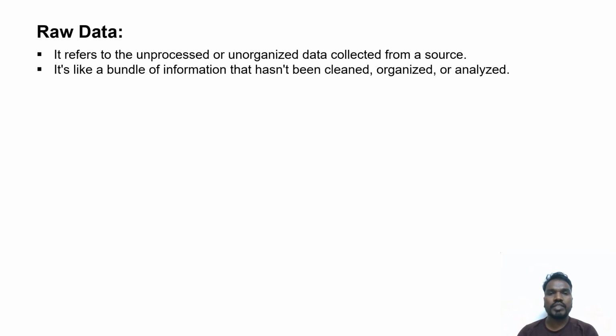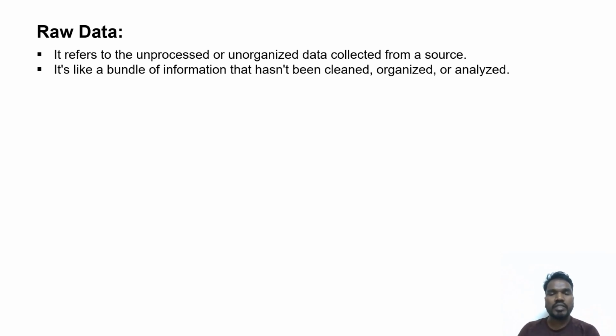Such data is called raw data, which is unorganized or unprocessed data, which is not cleaned, not organized, or not analyzed. So the first data which you collect from your source is called raw data. As simple as that, the data which you simply collected from the source, which is there in your hand, is called raw data.